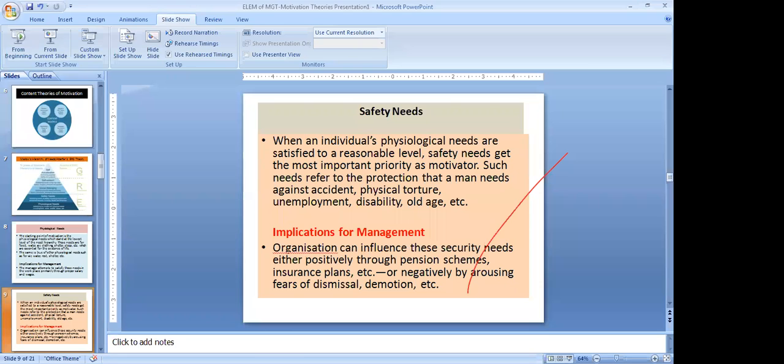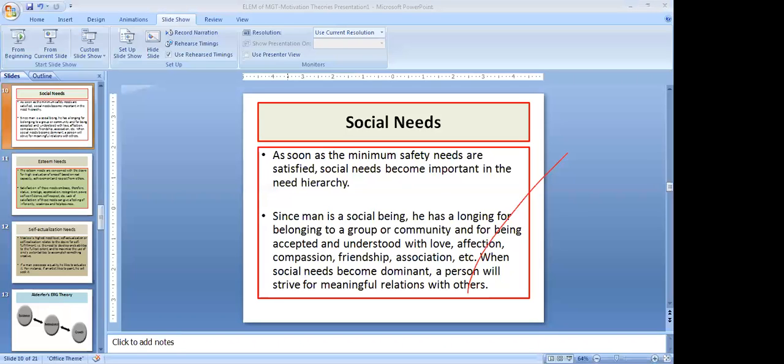We have next the social needs, which, as soon as the minimum safety needs are satisfied, become important in the need hierarchy. Since man is a social being, he has a longing for belonging to a group or community, or for being accepted and understood with love, affection, compassion, seeking friendship, seeking association, and the rest.